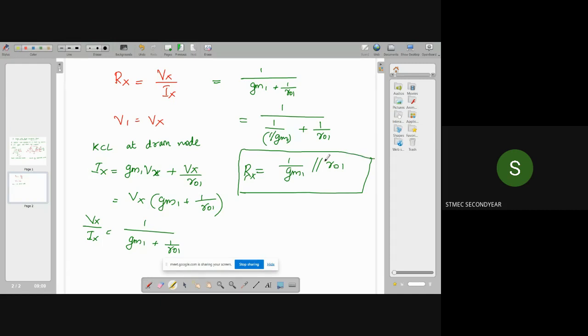Parallel resistance represents the effective resistance.